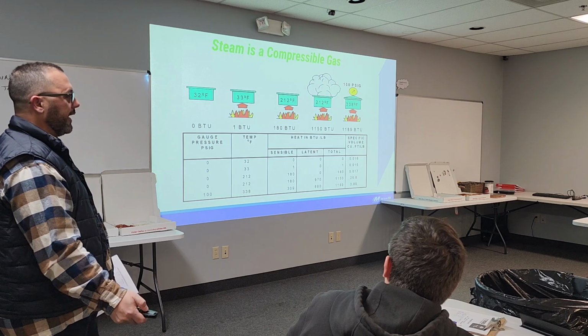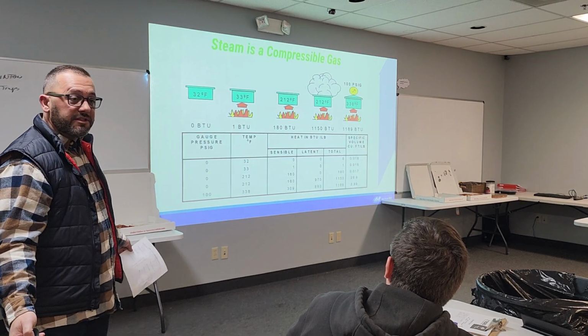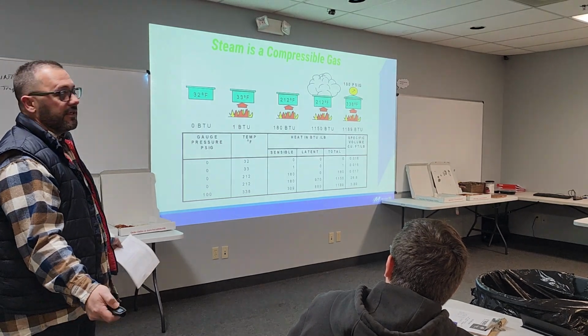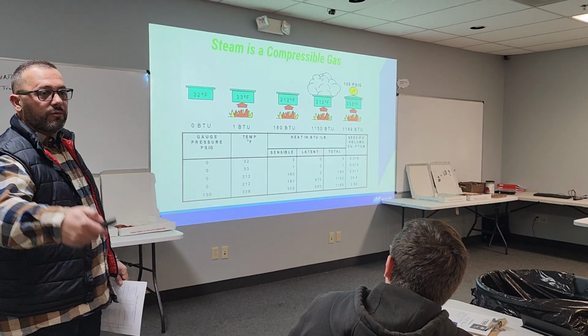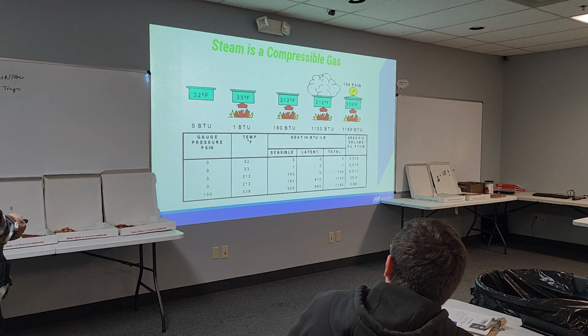But what would happen? Our 6-inch steam main might become a 16-inch steam main. Our 6-inch strainers might become 16-inch strainers. On and on with all the associated equipment. So steam is compressible. That's the big news. We generate at high pressures.